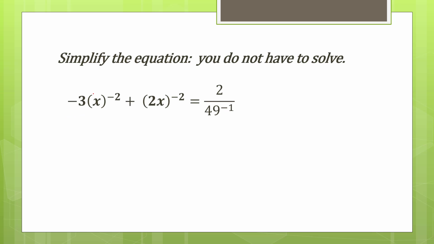All right, welcome back. So we have negative 3 to the first power times x to the negative second power. Well, in order for it to be positive, we've got to move something to the denominator. Notice, however, that the 3 is positive, even though it has a negative sign in front of it.